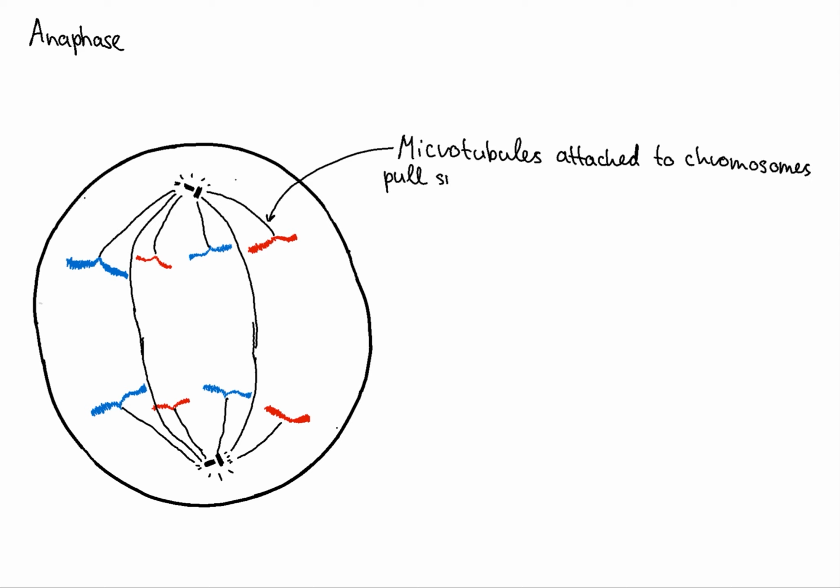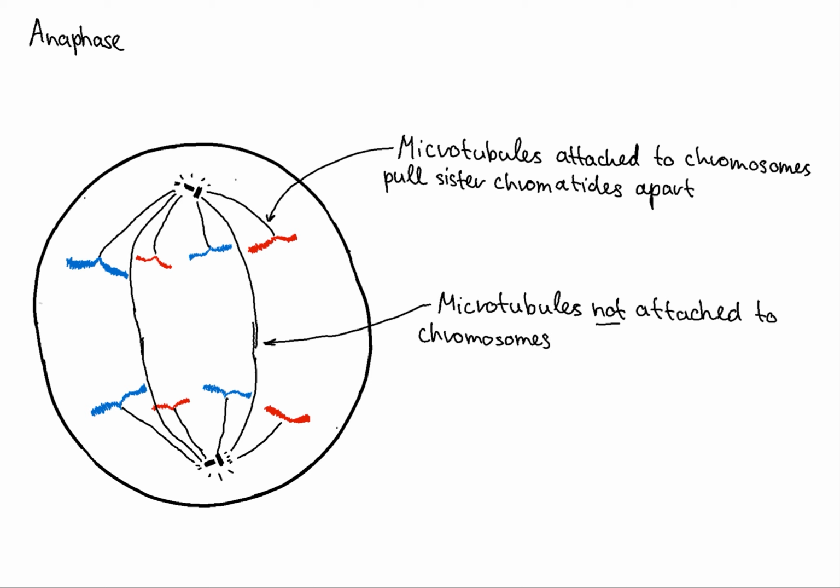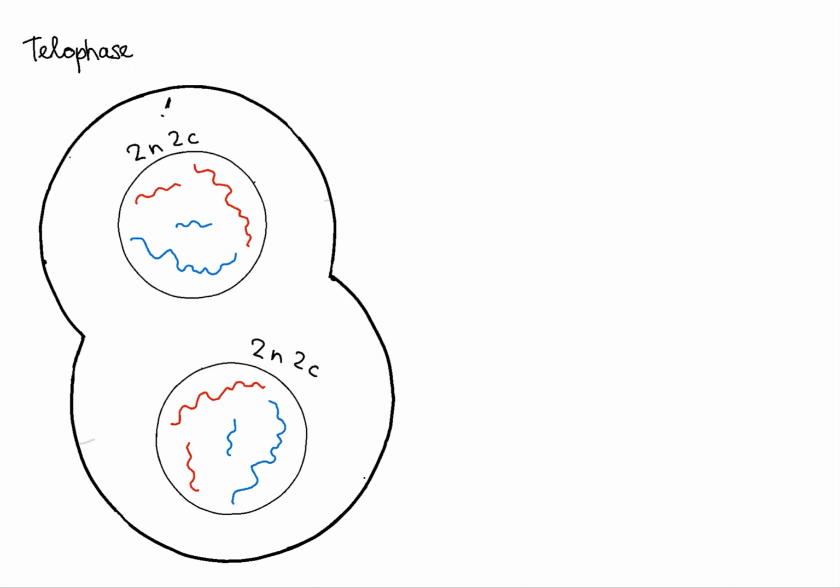The separation begins in anaphase, when sister chromatids separate from each other and then are pulled to the opposite poles of the cell by the microtubules. Microtubules that didn't attach to the chromosomes push against each other, thus making the cell longer. In the telophase, which is the final phase of the mitotic cell cycle, we can already see two identical daughter cells that are not separated.